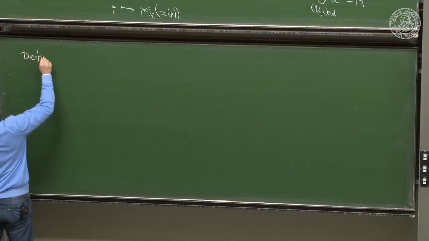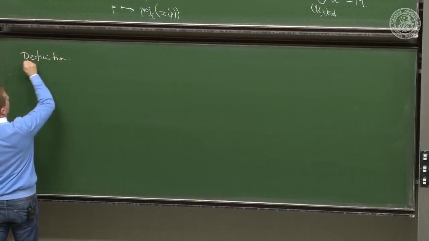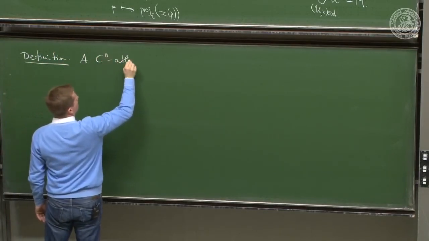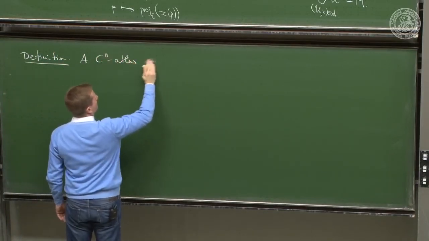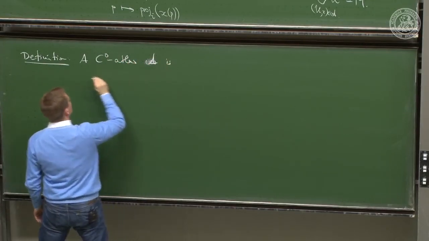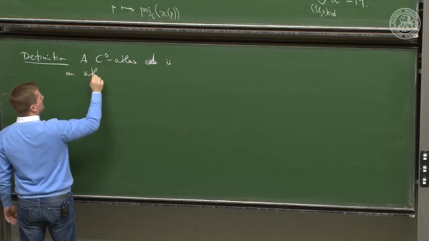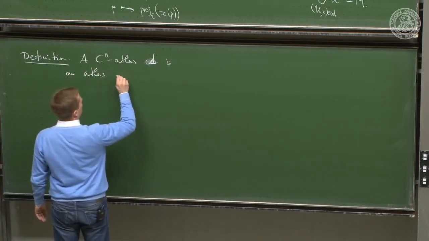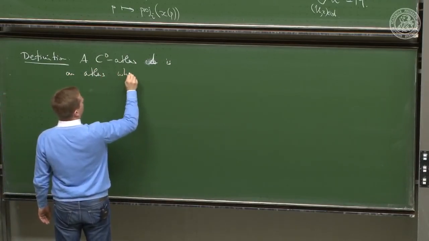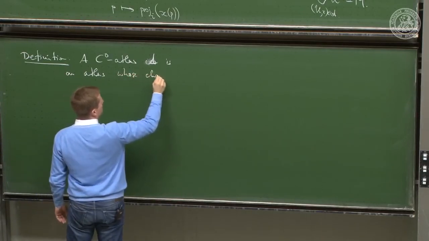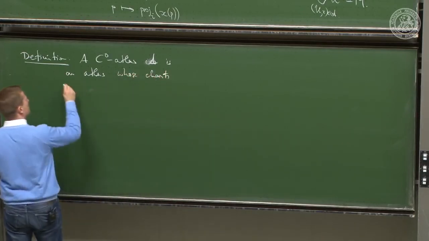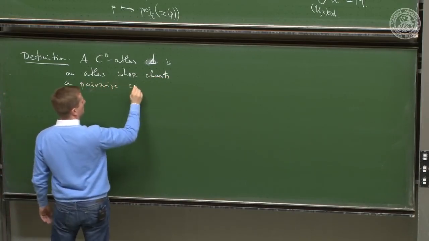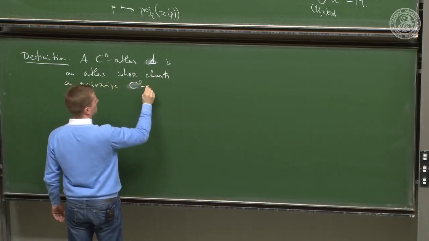Definition. A C0 atlas, curly A, is an atlas, that is a collection of charts, whose charts are pairwise C0 compatible.